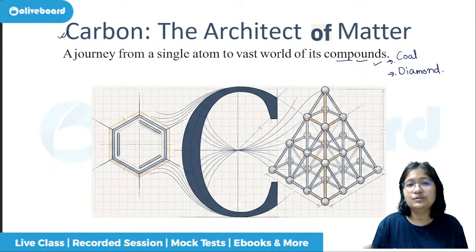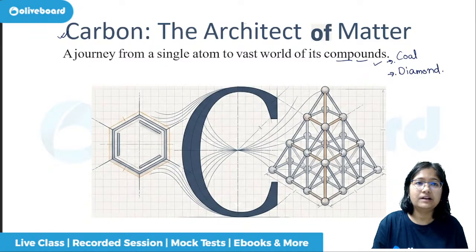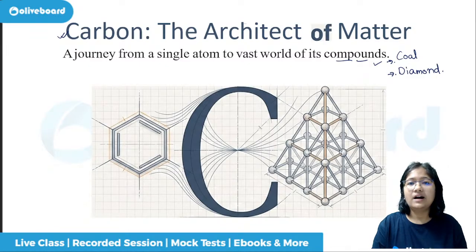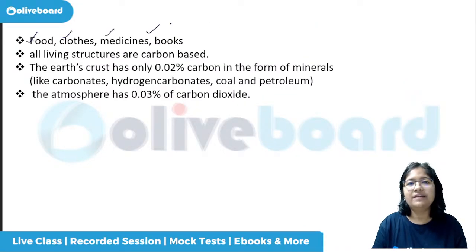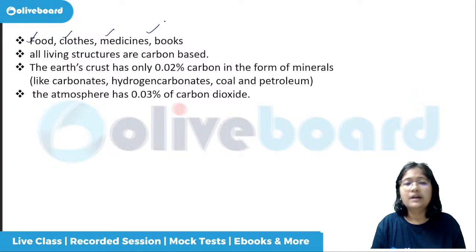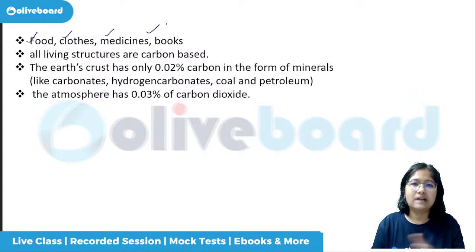In the living beings also, we find carbon. So there is this vast number of compounds that carbon can form because of its properties, and we will see what are those. From food to clothes, medicines, books, everything that we are using contains carbon. All the living beings, all the living structure, contains carbon.